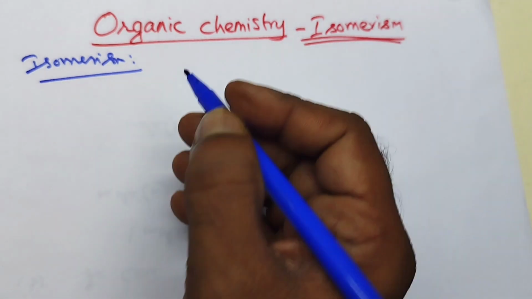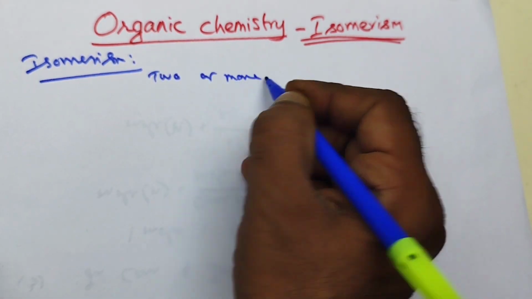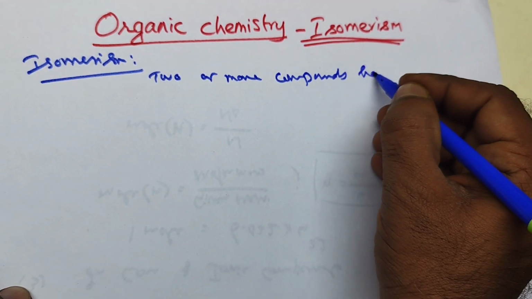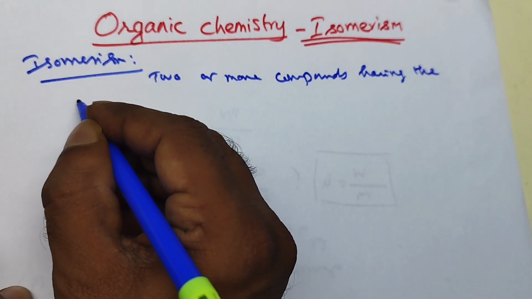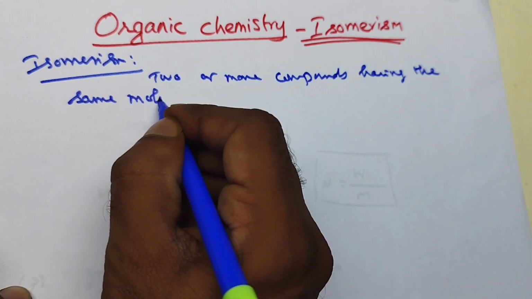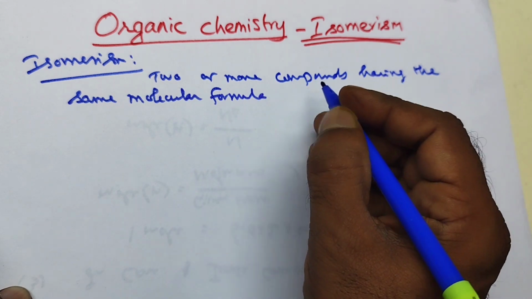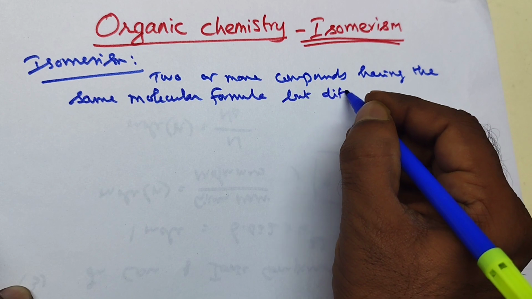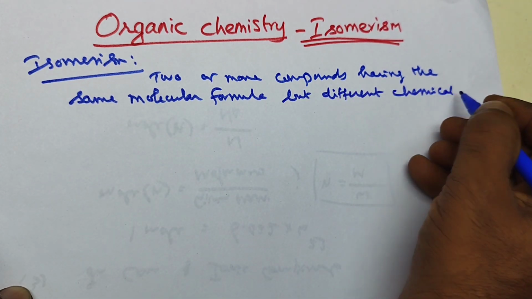Isomerism is defined as two or more compounds having the same molecular formula but different chemical and physical properties.